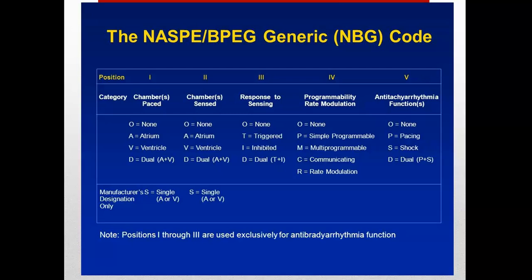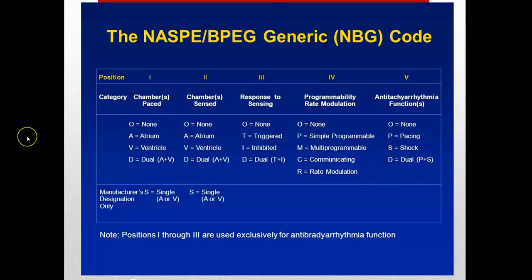So position 1 is the chamber paced. So we see position 1, 2, 3, 4, and 5. Down here we see the category. I really wish that would go away. We see the category: chamber paced, chamber sensed, response to sensing, programmability and rate modulation, and then the anti-tachyarrhythmia functions.